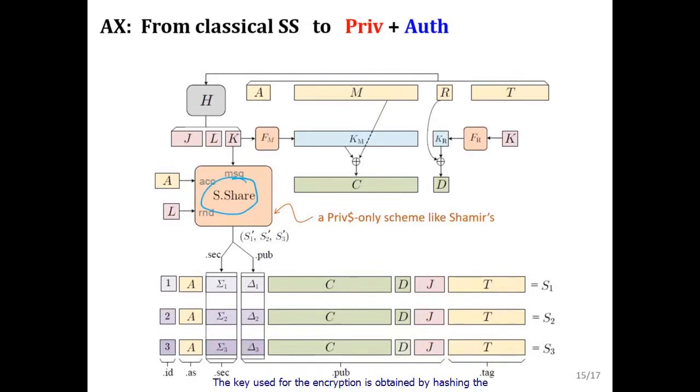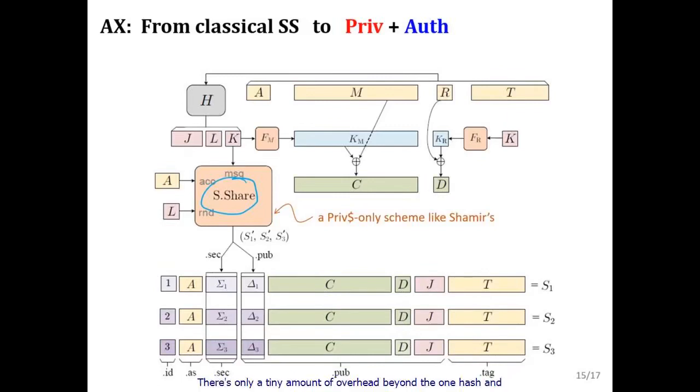The key used for the encryption is obtained by hashing the message, coins, access structure description, and the tag. Then you share out the encryption key using the lower-level scheme, like Shamir's. The random coins for this sharing are again obtained by the hash of the message, coins, access structure, and tag. There are a few more details, but in the end, it's a simple and efficient recipe.